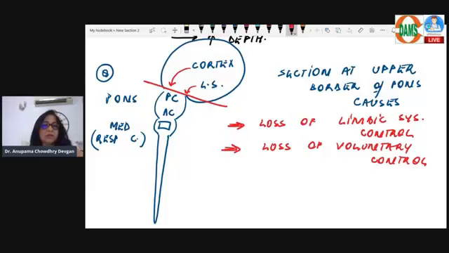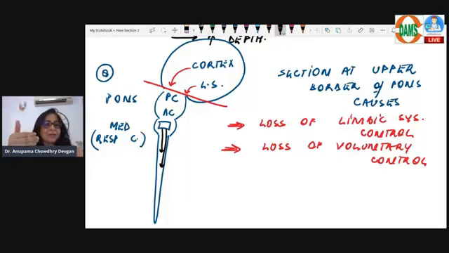Remember, it is the respiratory center which sends impulses to the phrenic nerve nucleus. It sends impulses to the lower motor neurons controlling the intercostal muscles, sternocleidomastoid, have you understood? So it is the impulses which come from the respiratory center.